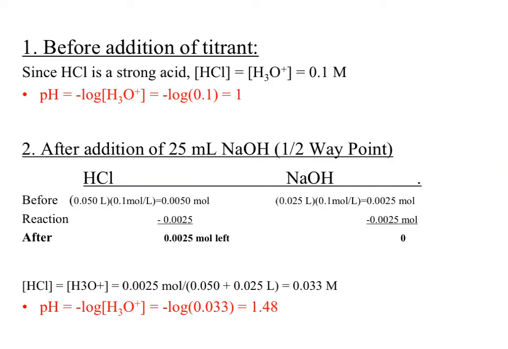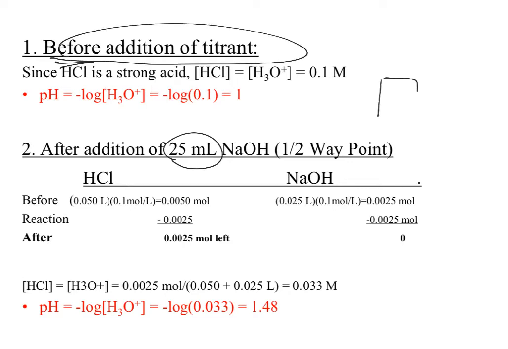All right, so there were four or five problems in one. If you go back and read that, it asked what the pH was before the titration even begins, after you've added 25 milliliters of sodium hydroxide, 50 milliliters, and then 60 milliliters. Before the addition of any titrant, what we have in the beginning is a solution of 0.1 molar HCl.